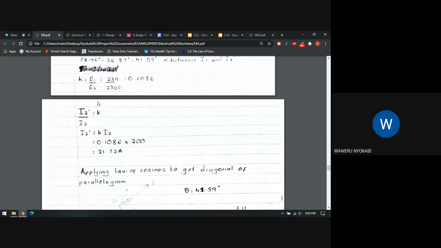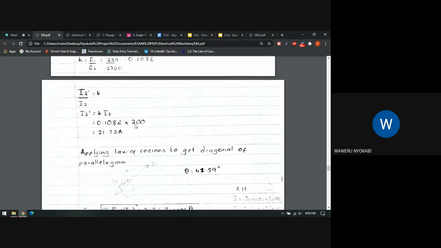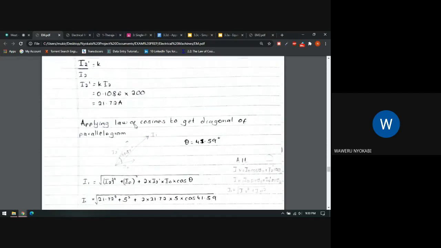So because of this ratio, we have I2 prime as 21.72 amps. So we have the I2 prime, we have the angle at which I1 is lagging.